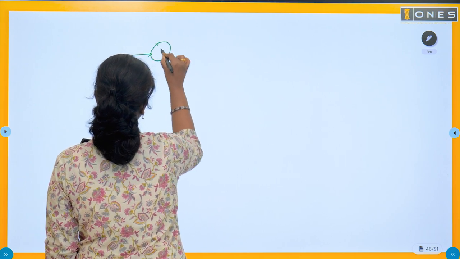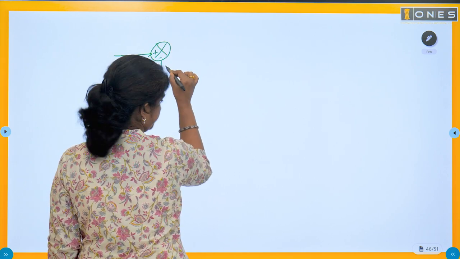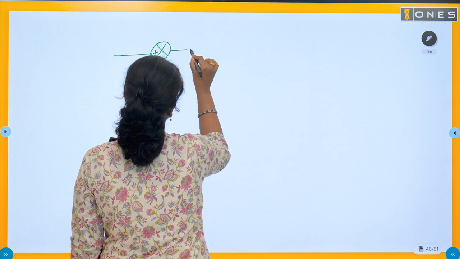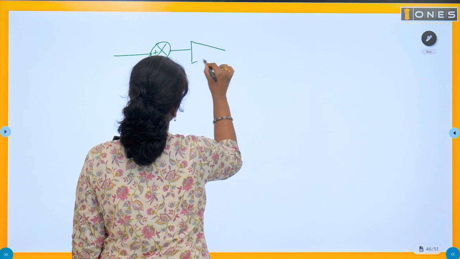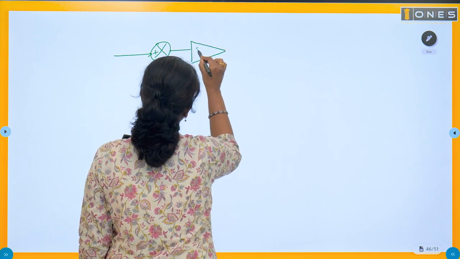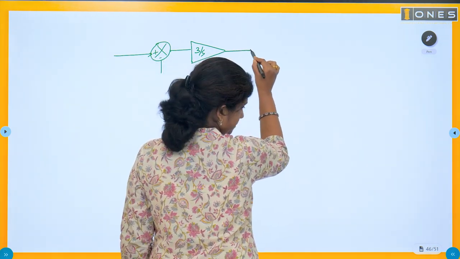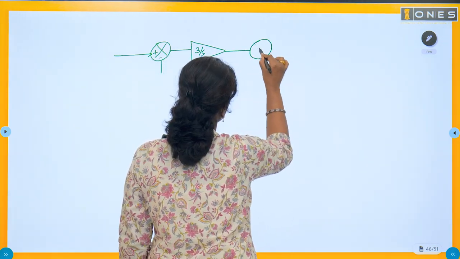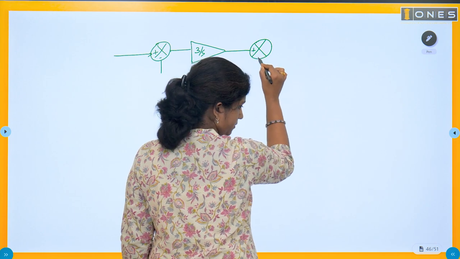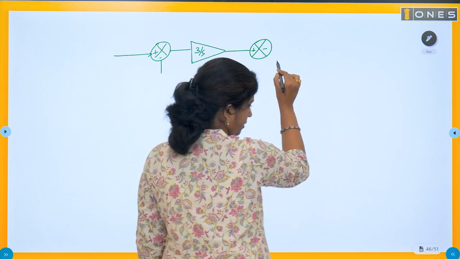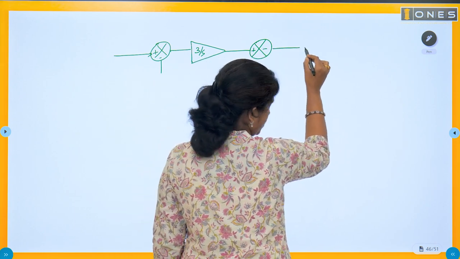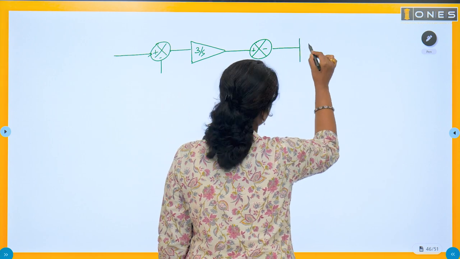Here we have R of S. So it's 3 by S. We have a gain here, 2 by S plus 2.